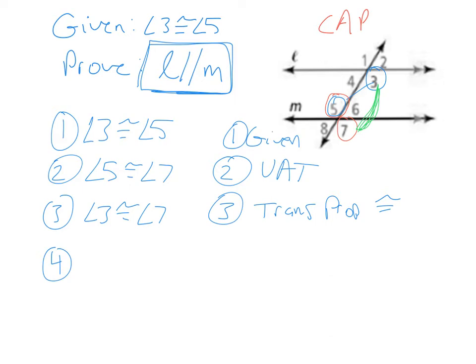So the rest of this proof is now saying that I know that the lines have to be parallel because that's what the corresponding angles postulate tells me. If corresponding angles are congruent, the lines are parallel, and there's why. Okay, so it's got a different feel, and the proofs are going to end differently now.